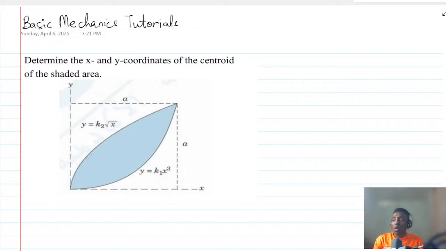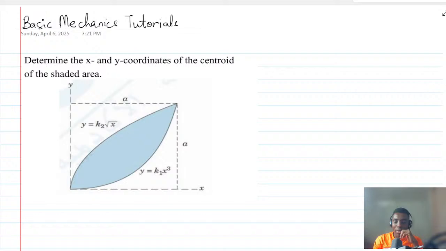Yesterday we looked at a question on centroid, but that question was one whereby you would be given an area and asked to find the centroid of that area.